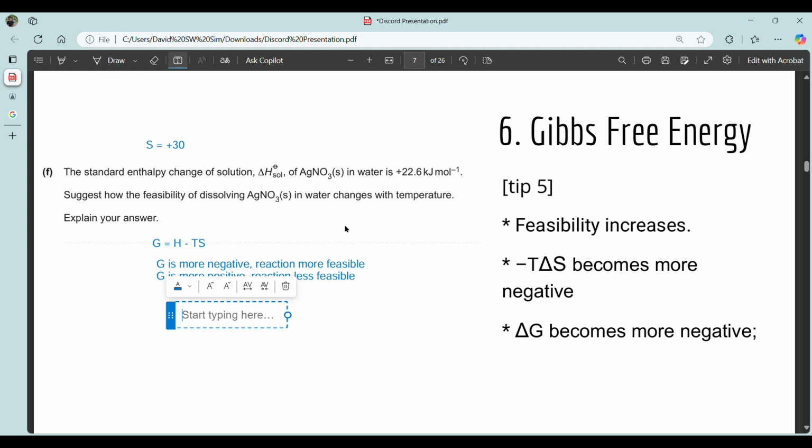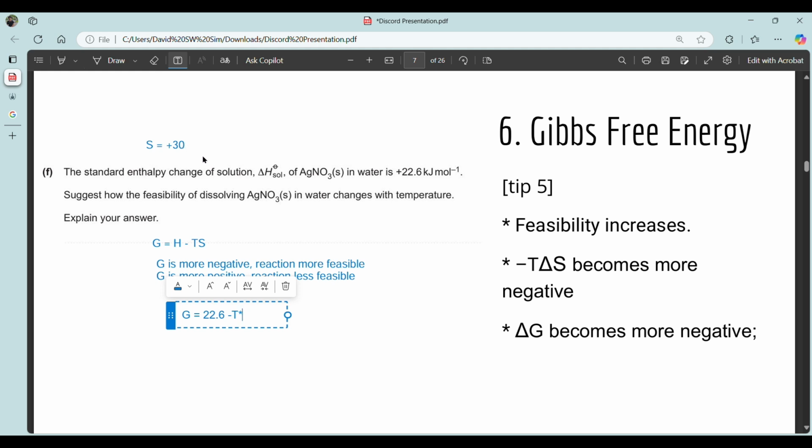Now let's look at this from a maths point of view. G equals 22.6 minus T times the standard entropy change, which in this case is 30.